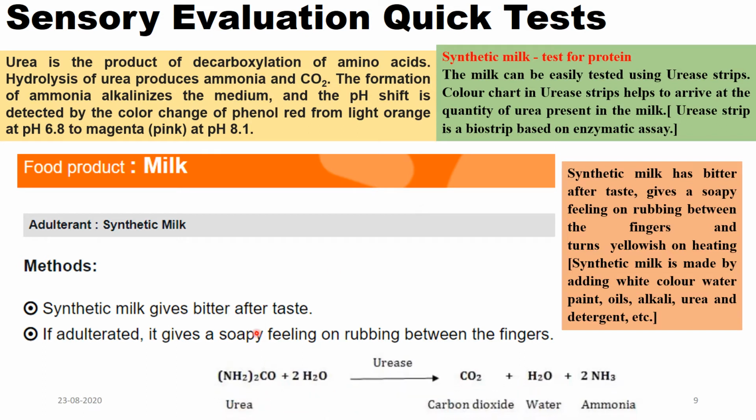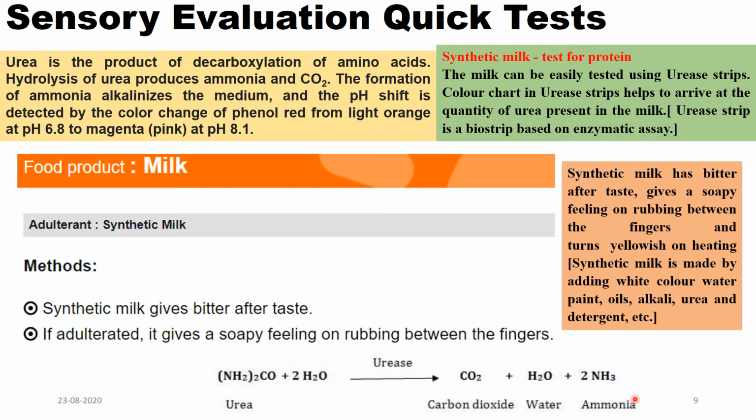Hydrolysis of urea. Hydrolysis means urea reacted with water. In the presence of urease, it will decompose into carbon dioxide, ammonia and water. The formation of ammonia alkalizes the medium. Therefore, the pH is shifted from 6.8 to 8.1.